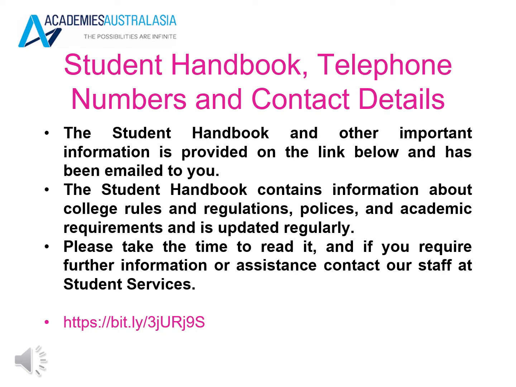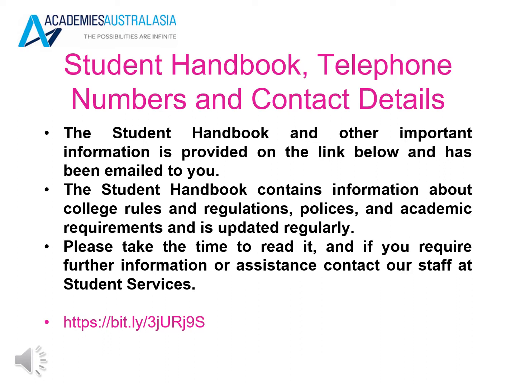The student handbook and other important information is provided on the link below and has been emailed to you. The student handbook contains information about college rules and regulations, policies, and academic requirements, and is updated regularly.